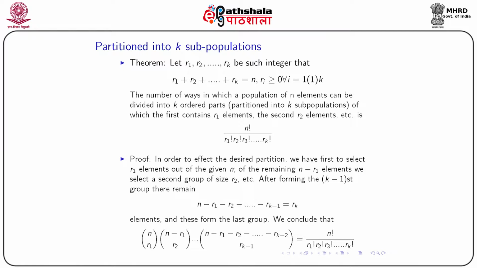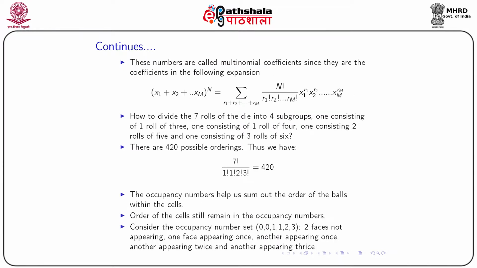Thus we prove this theorem, which tells us how to divide the whole population into k subpopulations where each group can contain more than one element. These numbers are called multinomial coefficients.